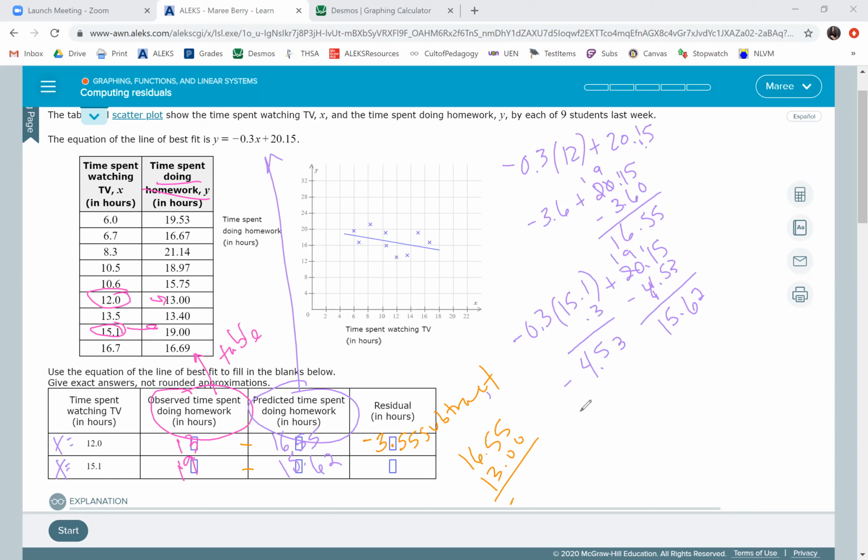And then the 19 minus 15.62 is a positive 3.38. So the first column here, observed time, this is what you need to remember: you're going to use the table. The predicted time, you're going to use the formula. And then the residual is just subtracting the two in the order they're written on the table.